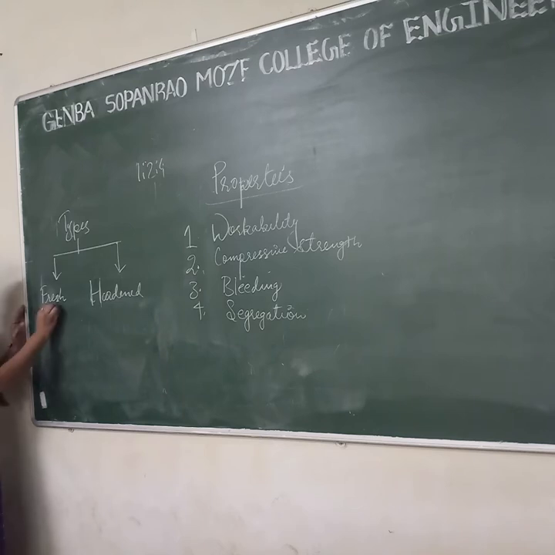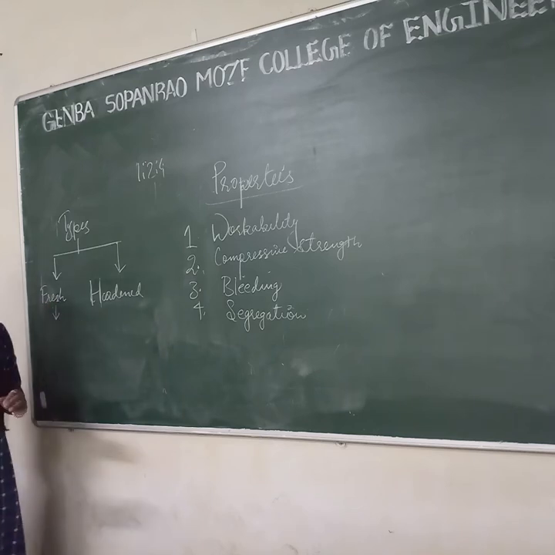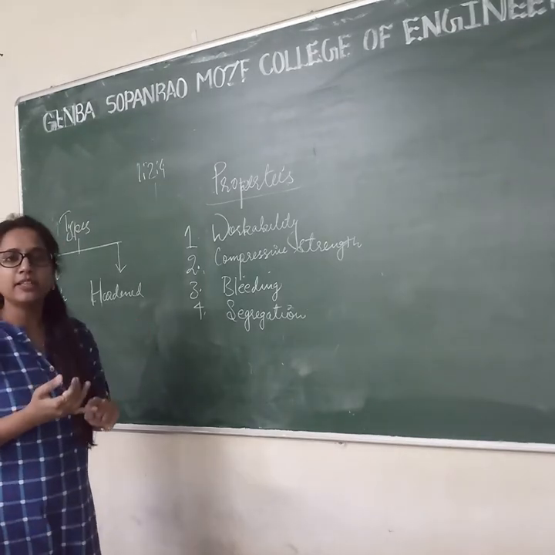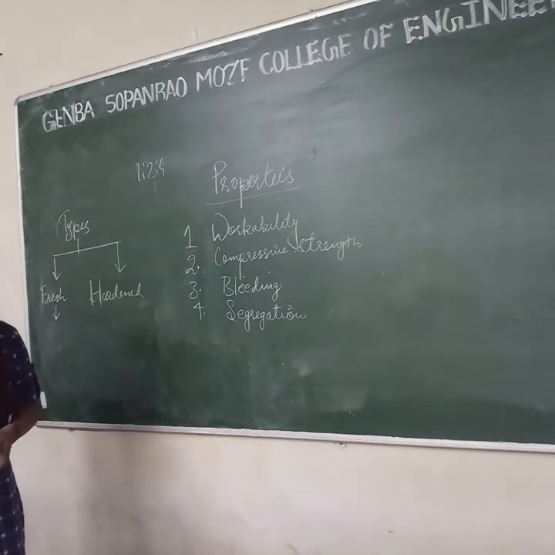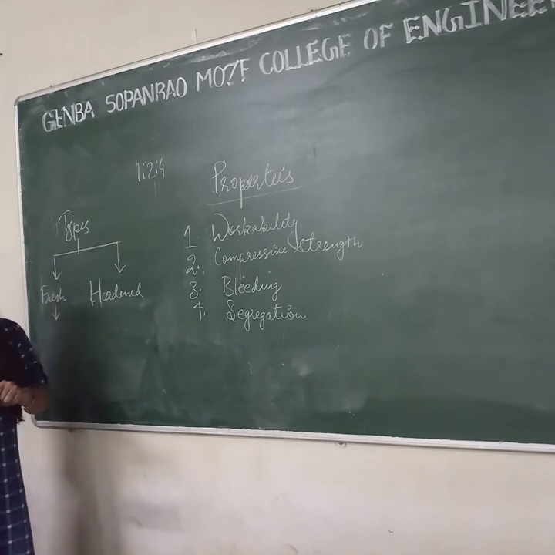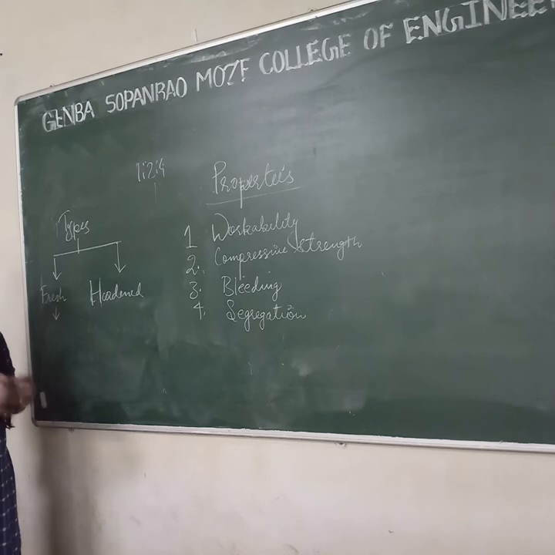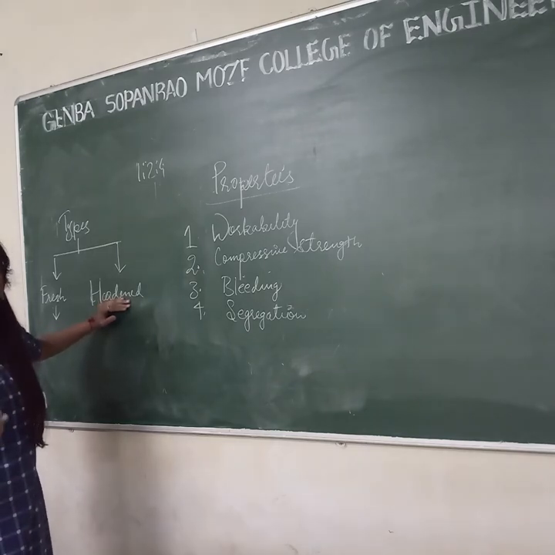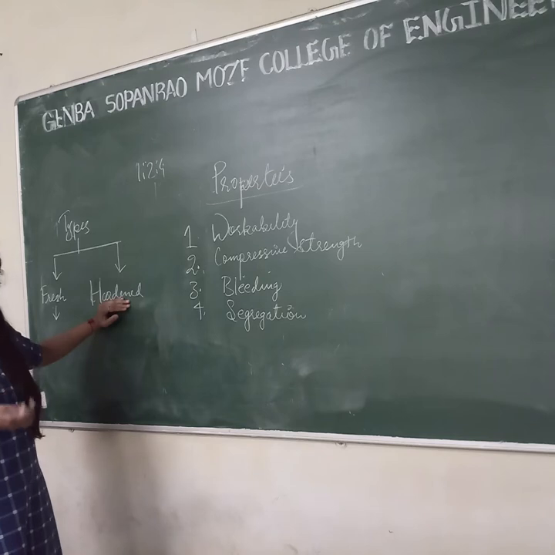So what is the meaning of fresh concrete? When you are adding all these ingredients like cement, fine aggregate and coarse aggregate, that mixture is known as fresh concrete. Means when the mixture is in wet state, that refers to fresh concrete. Now what is hardened concrete? When the concrete gets set after some time, that concrete is known as hardened concrete.